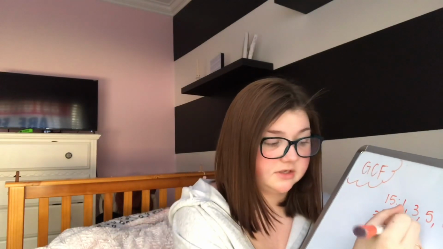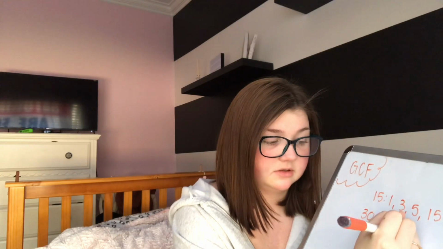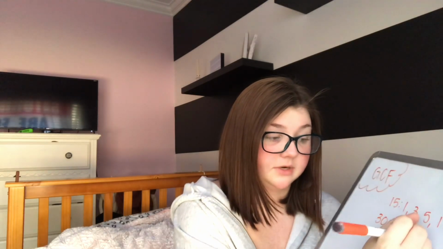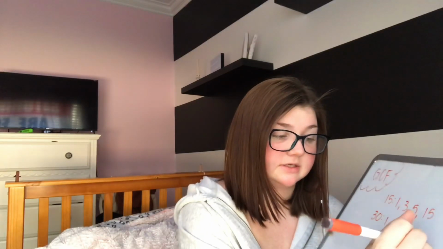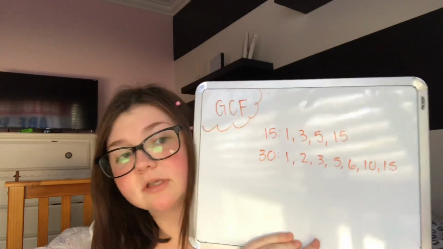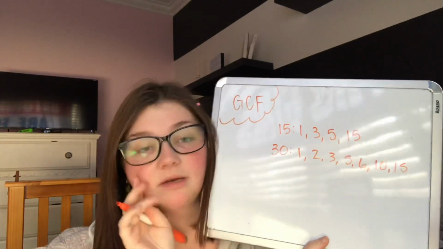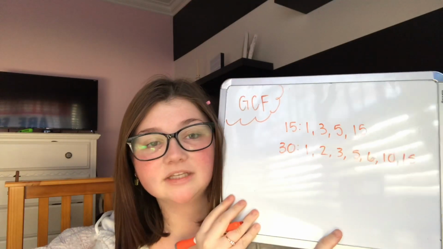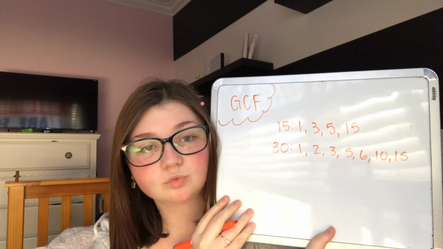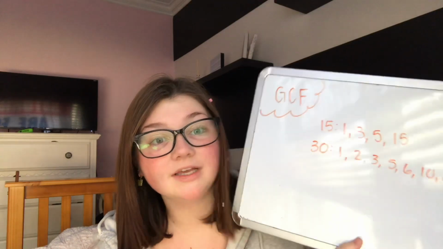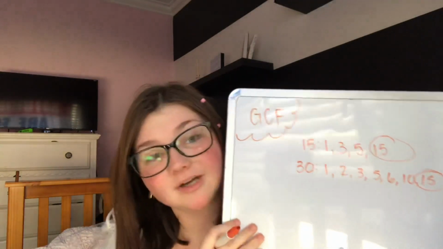And as for 30, 1 can go into it, 2 can, 3 can, 5, 6, 10, and 15. So do you see a number that both match up and can divide evenly into these two numbers? Yes, we can, and it's 15, and that is your greatest common factor.